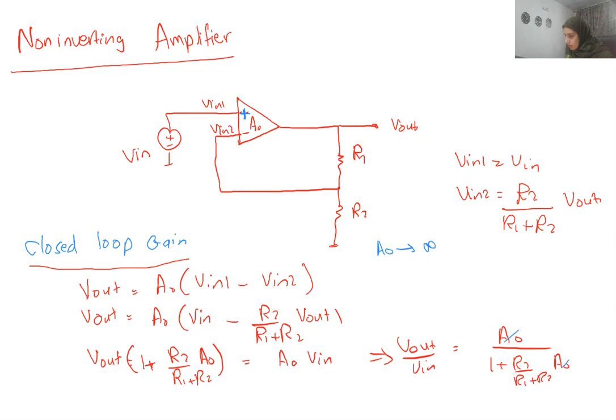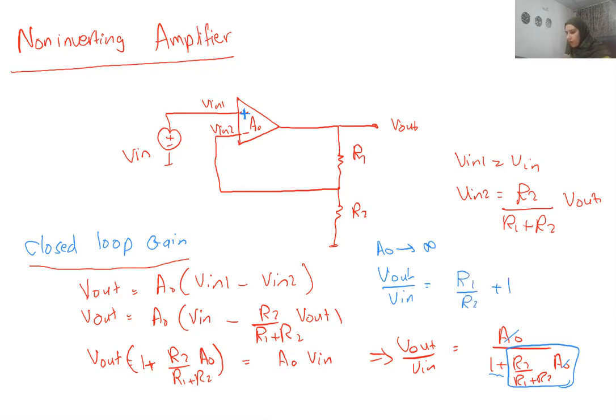This term will be much greater than 1, and therefore I can cancel those with each other, and we will have V out over Vn equals the inverse of R2 over R1 plus R2.